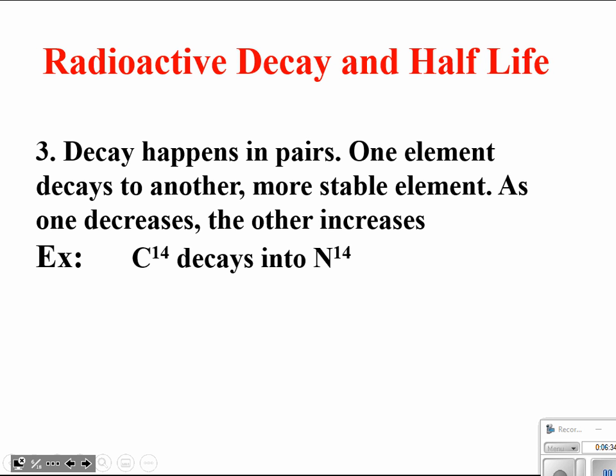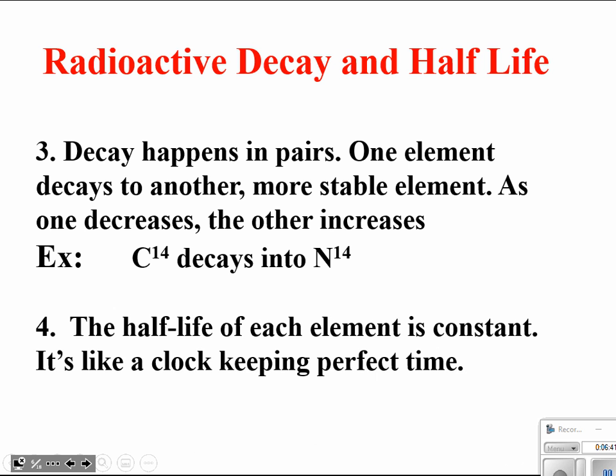Once I see that ratio, I can determine how many half-lives we've been through. The half-life of each element is constant. It's like a clock that's keeping perfect time, meaning those are not changing. The carbon-14 half-life is always going to be 5,730. It's not going to change from one carbon atom to the next.